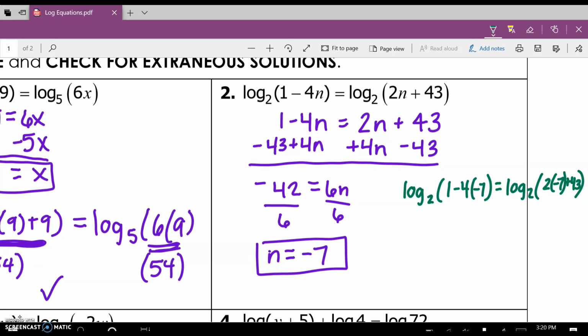So 1 minus 4 times -7 is going to be 28 plus 1, so 29. And then 2 times -7 would be -14 plus 43 is 29 as well. So it's the same number, and they are both positive, so that one checks out as well.